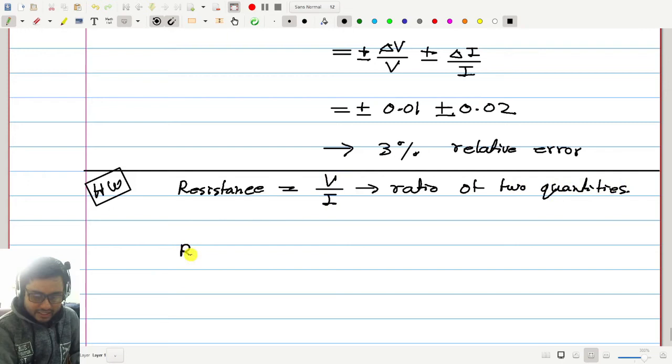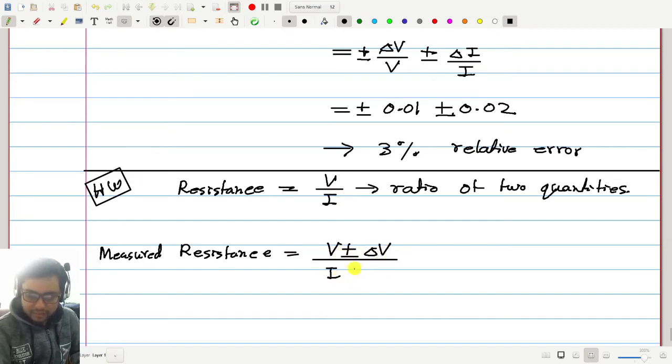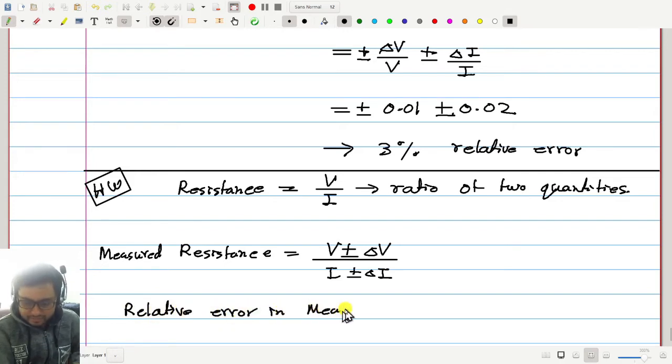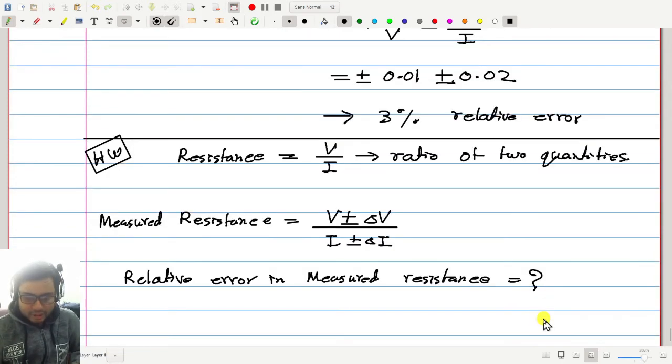So the measured resistance will be something like (V plus minus delta V) by (I plus minus delta I), and the true resistance is V by I. You find out what is the relative error in measured resistance. That is your homework.